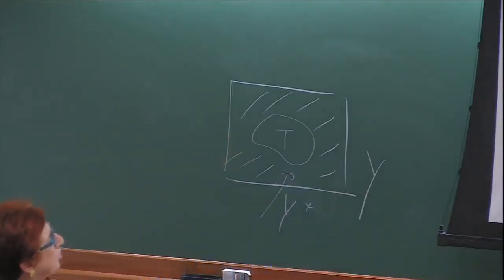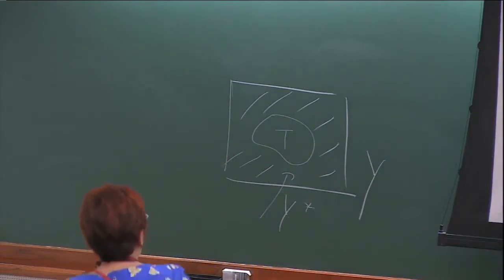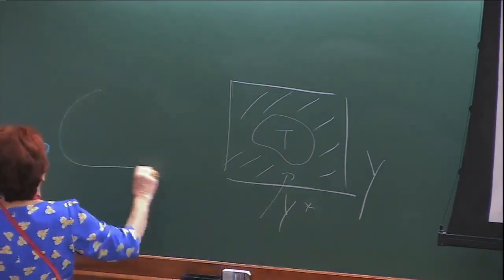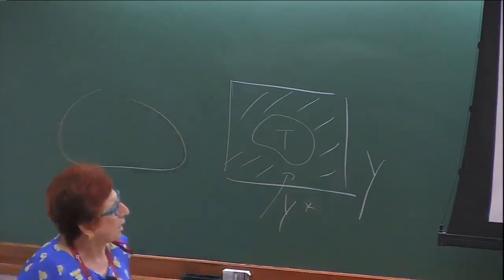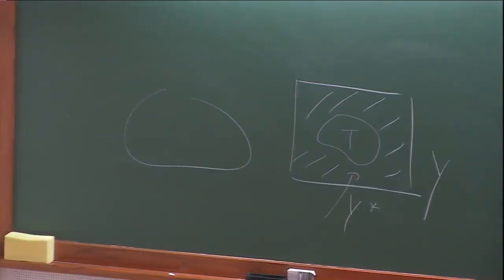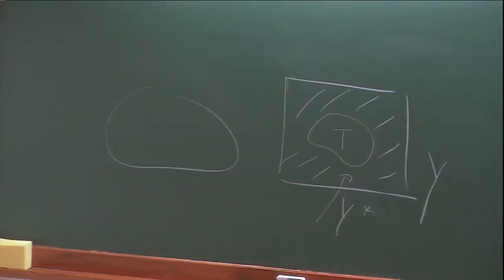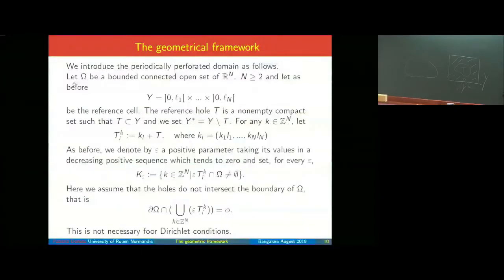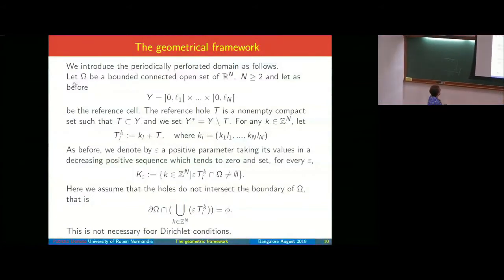Then we do the change of scale. So we take all the reference holes as before, but I will avoid the picture. We consider all the holes included which intersect omega. And here we assume that the holes do not intersect the boundary of omega.